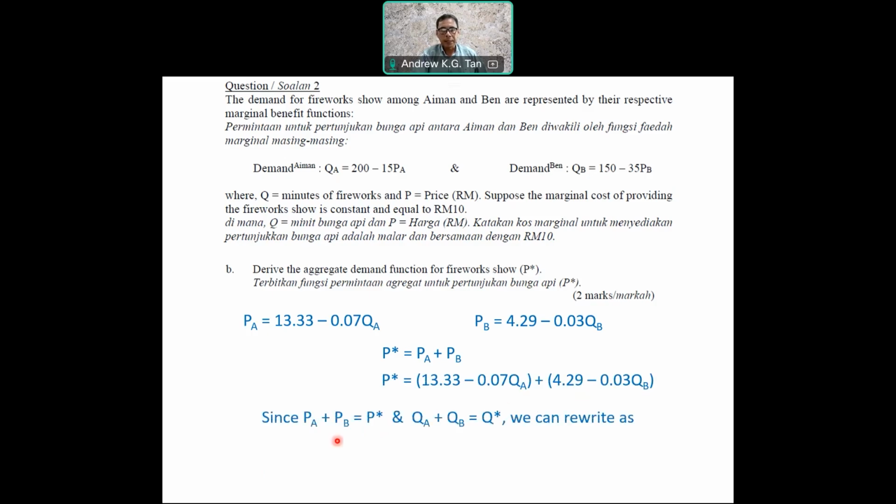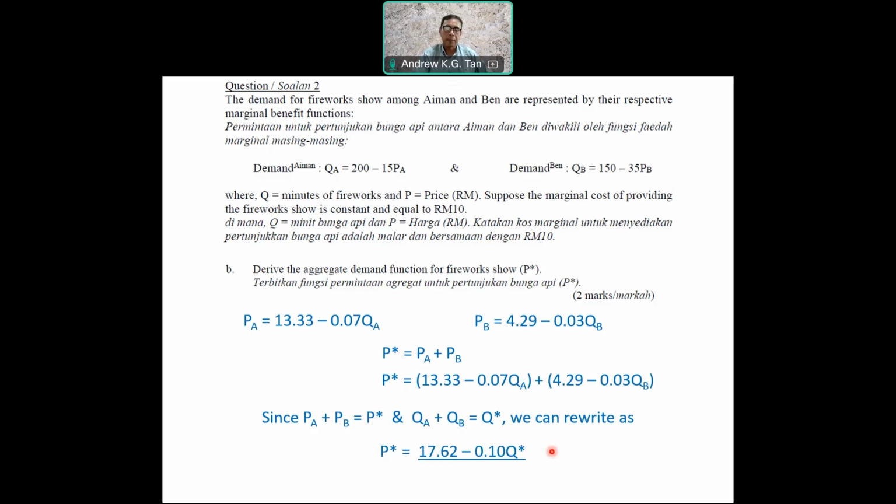Solving this, since PA and PB is equals to P star and QA plus QB equals to Q star, we can rewrite this function here as P star is equals to 17.62 minus 0.10 Q star.